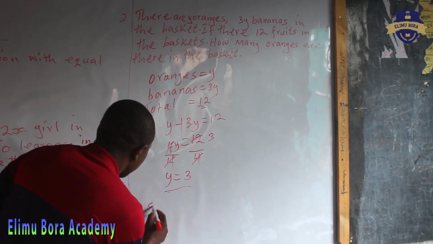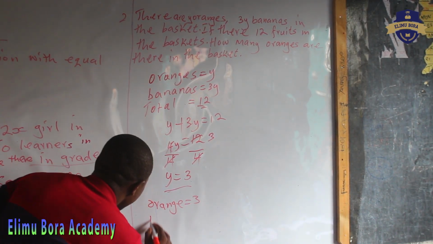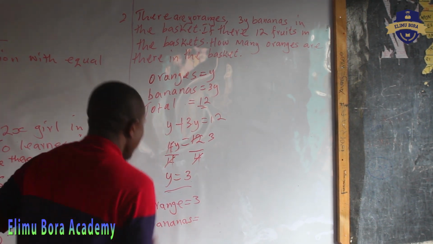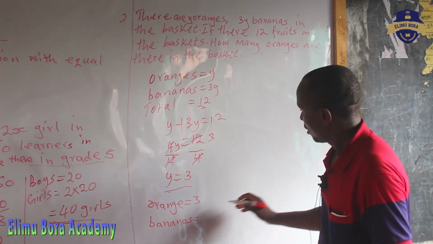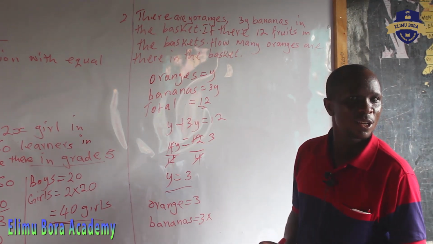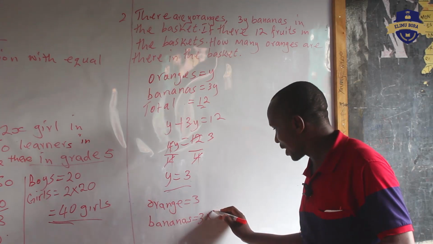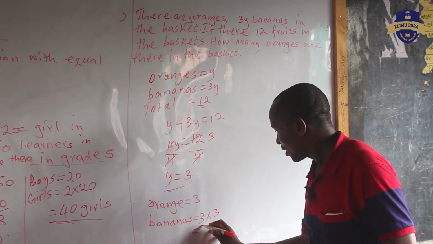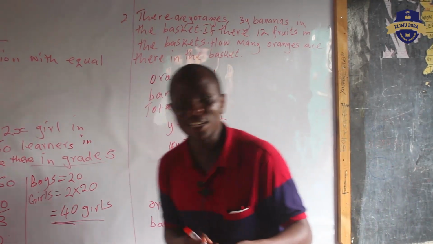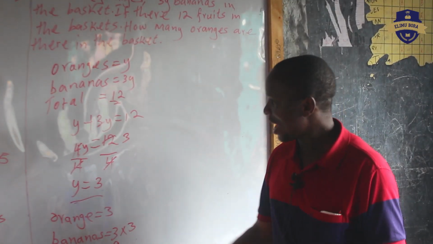So oranges are 3. Then bananas, how many bananas are there? You take 3 multiplied by the value of y, which is 3. What do we get? We get 9 bananas.